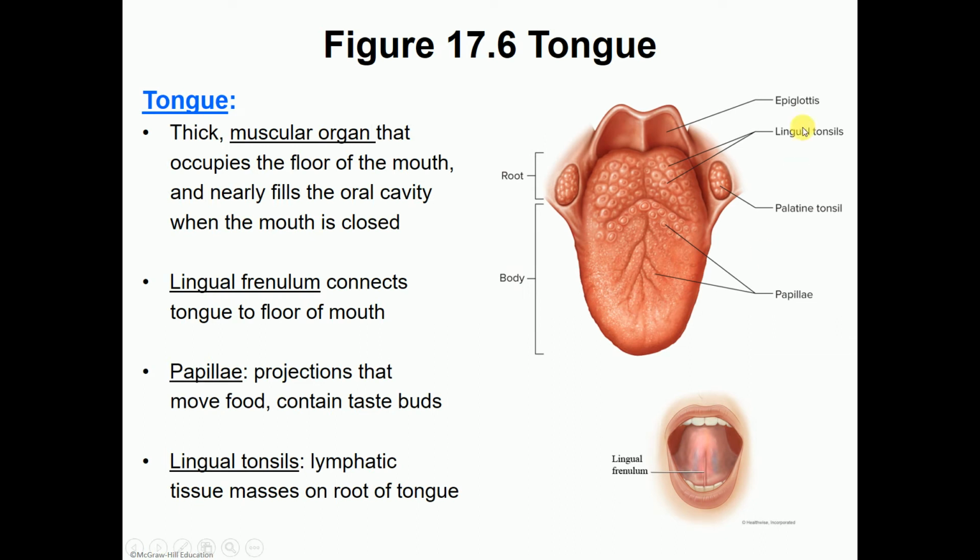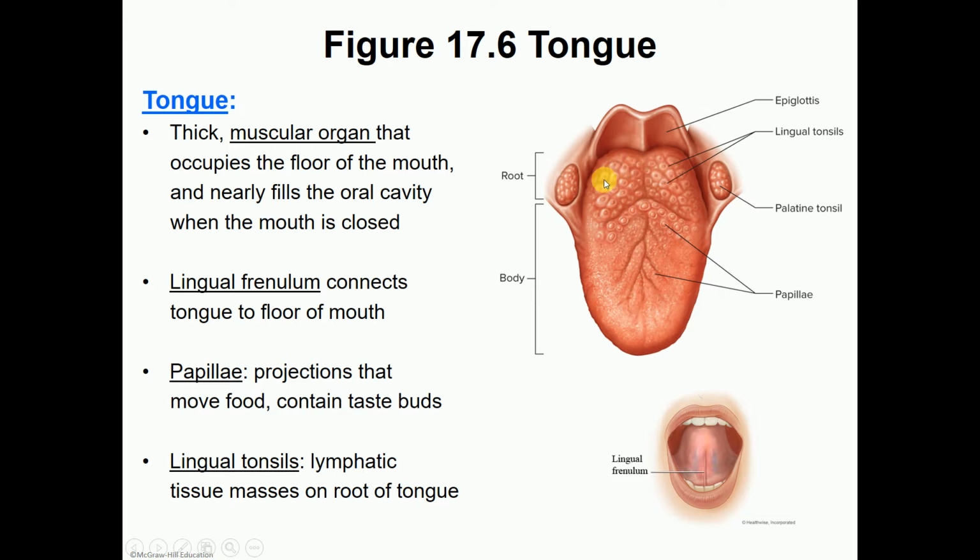The tongue is made out of skeletal muscle fibers. It occupies the floor of the mouth, and it actually occupies most of the oral cavity when the mouth is closed. There is a lingual frenulum, and that is an extension of mucous membrane that connects the tongue to the floor of the mouth. On the top of the tongue, you'll find all of these papillae, and we know now that those have your taste buds.